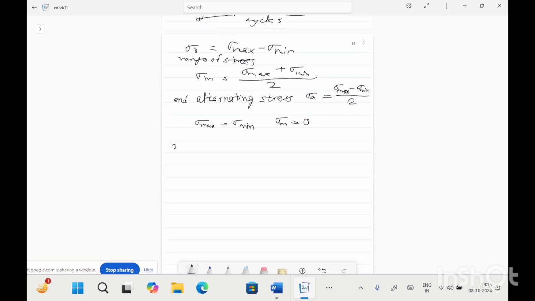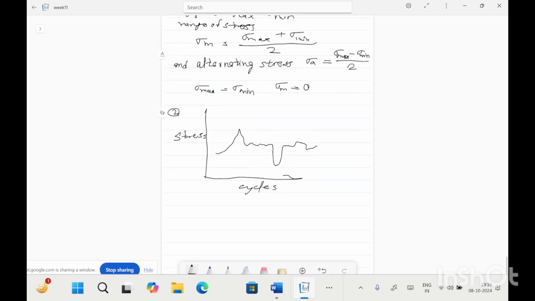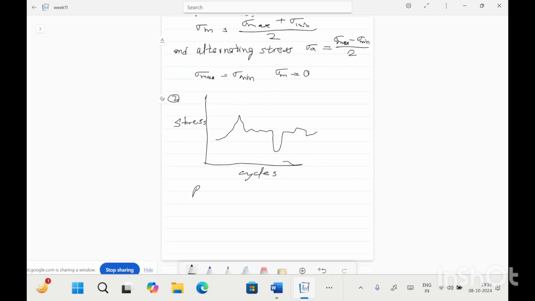And when there is a fluctuating load, there will be no cyclic behavior like in this condition. The stress ratio in both conditions can be written as sigma minimum by sigma max.